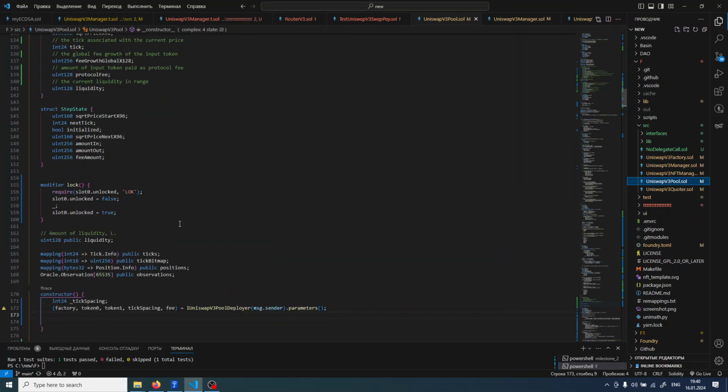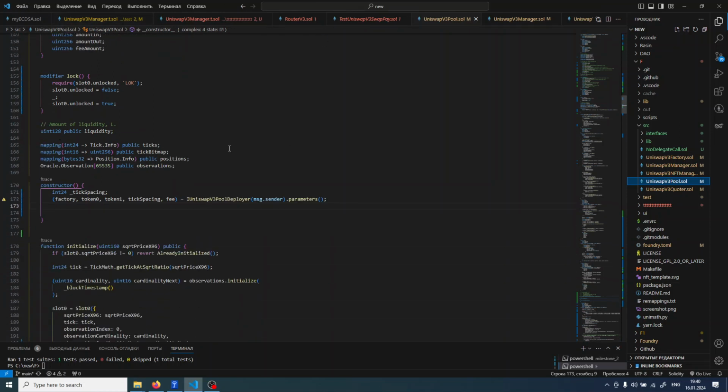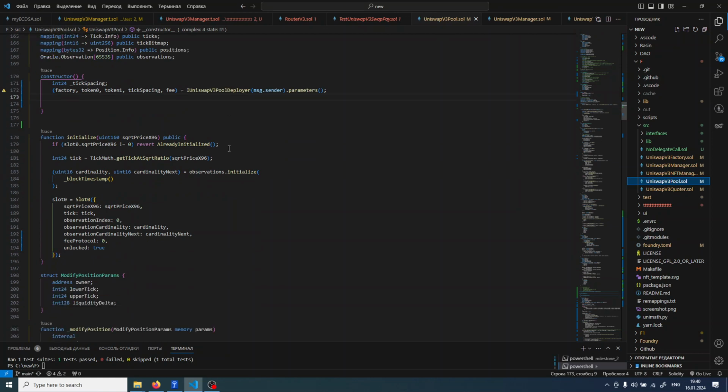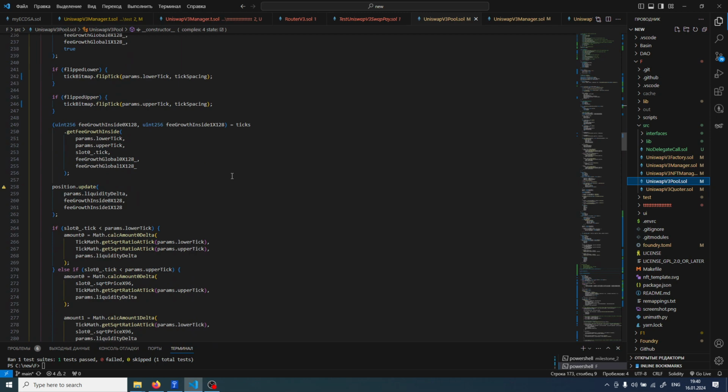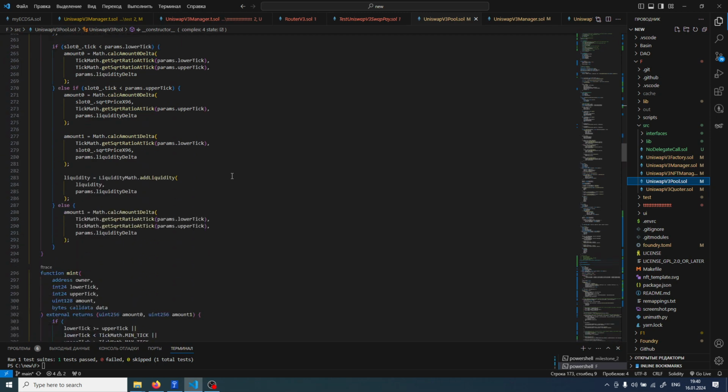The user cannot create a liquidity position with some random price. The code does not allow this. We can create a liquidity position only for a particular tick.